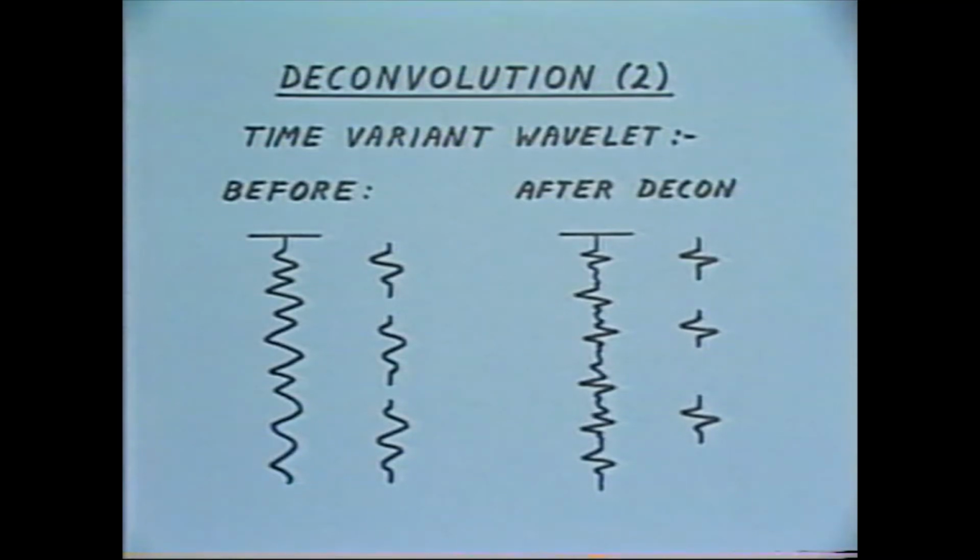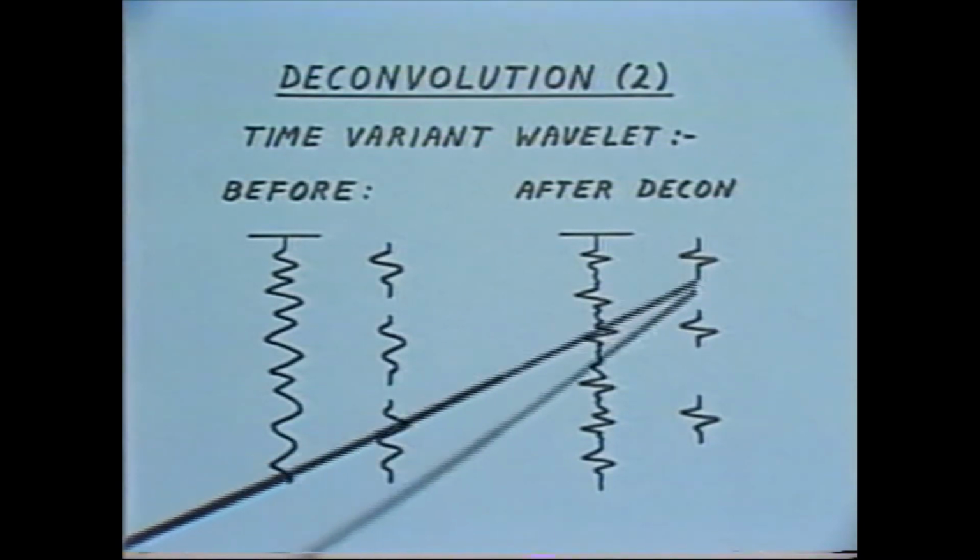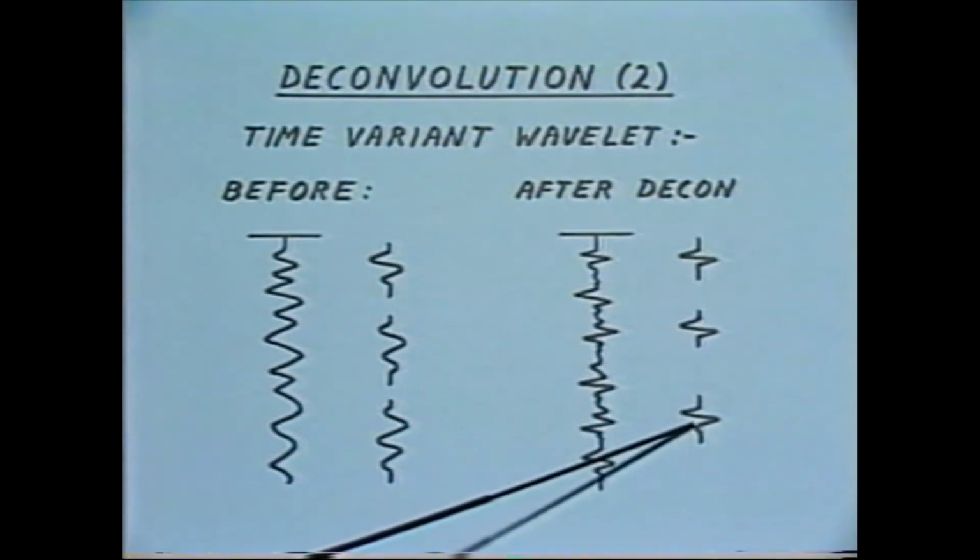So in reality, the seismic trace may look like this before deconvolution, where each reflection is in fact some wavelet which tends to increase in length with time on the trace. So deconvolution really needs to be a process which distinguishes this changing wavelet length and tries to convert the reflection wavelet, no matter what its length is, to the same short, sharp reflection pulse.